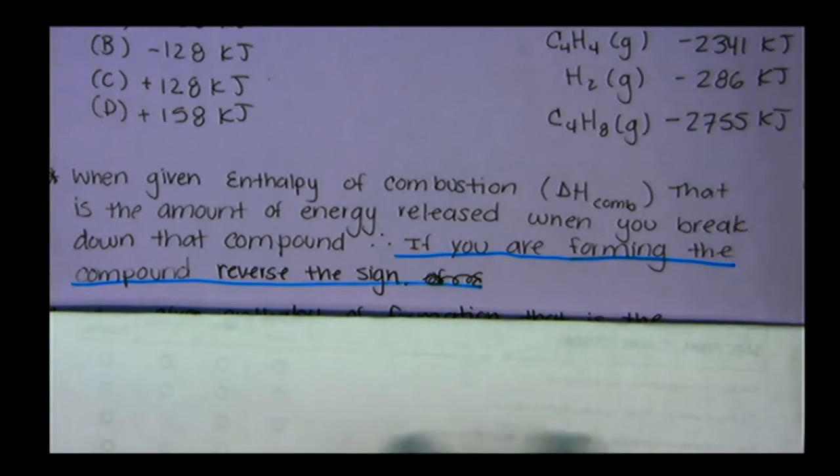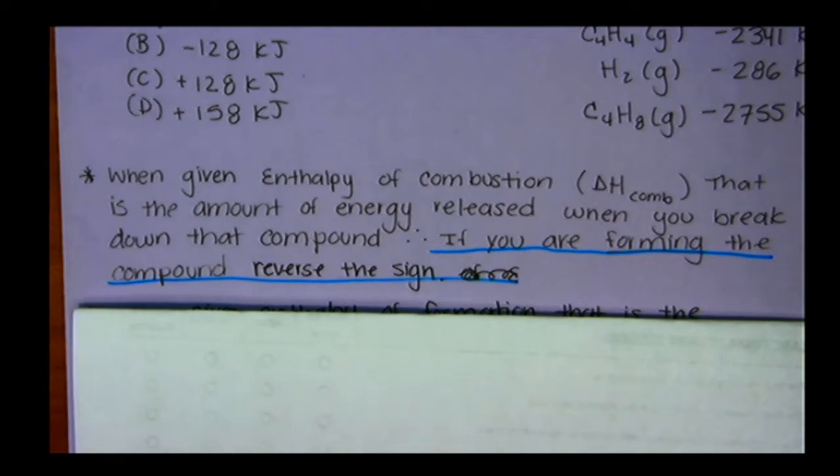So when given enthalpy of combustion, that is the amount of energy released or required when you break down that compound. So if you're forming the compound, flip the sign. And you're forming compounds if they are products. If you're breaking down the compound, keep the sign.